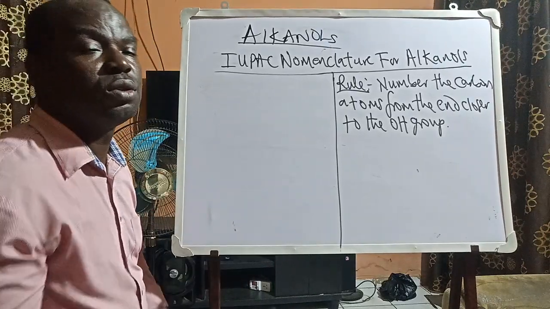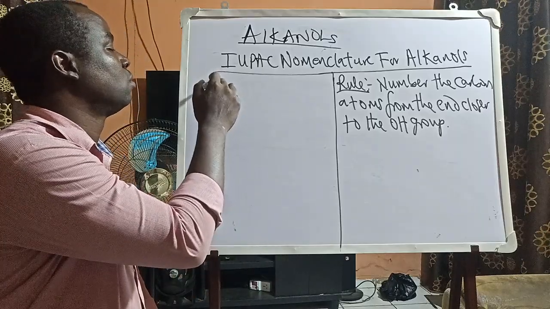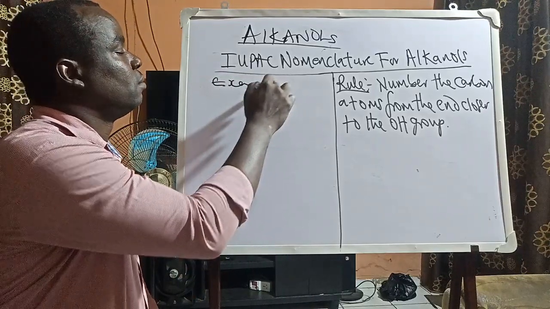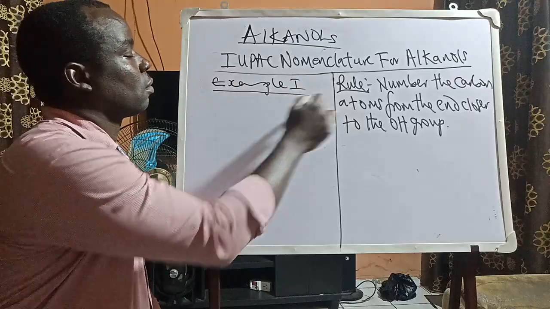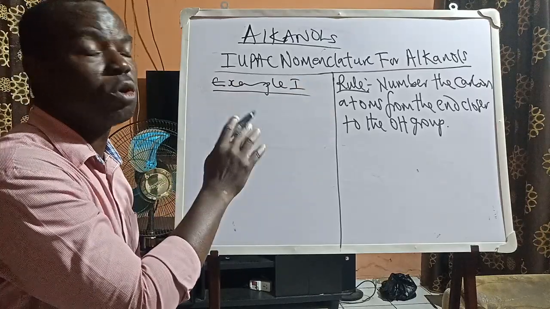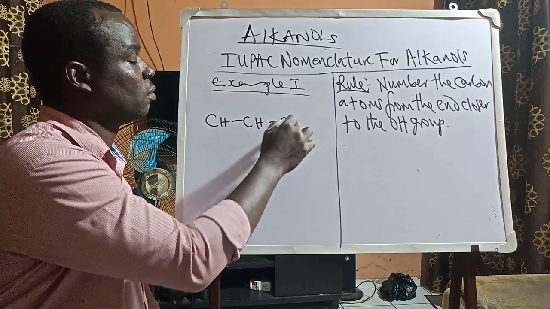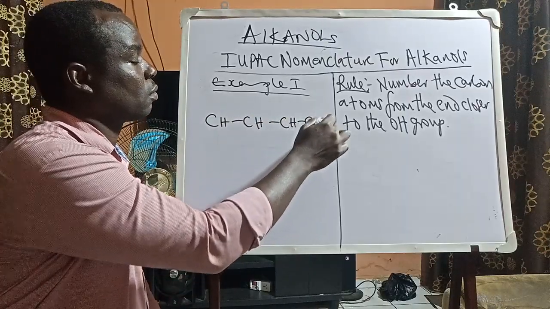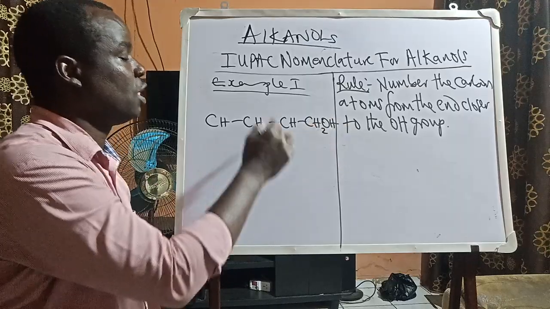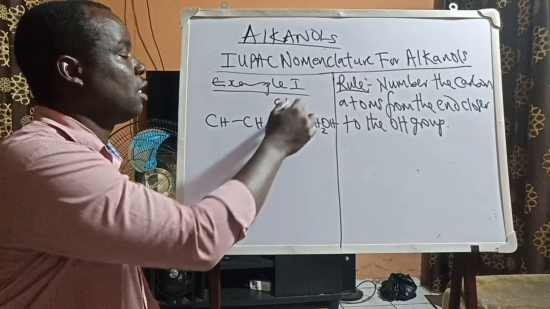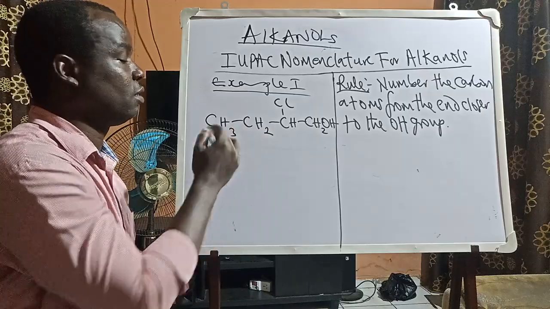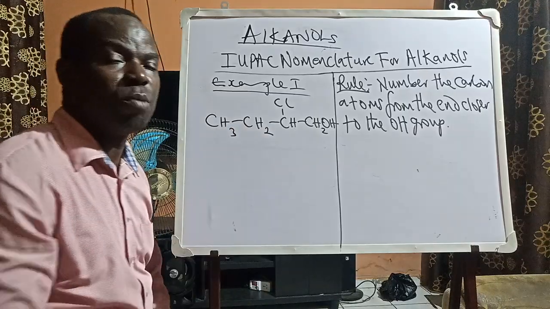Now, let us take, for example, example 1. Let us name this compound. CH2, Cl, 2 and 3.